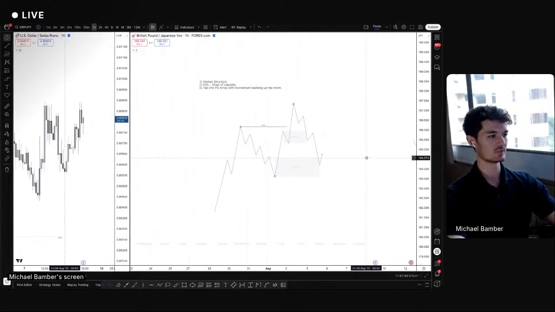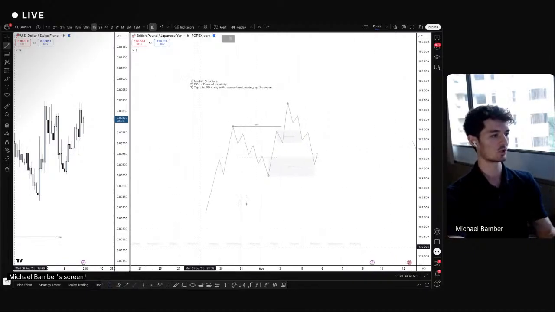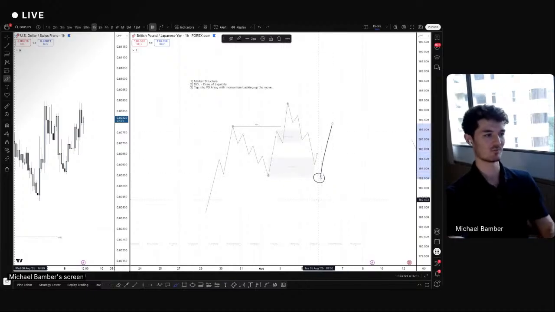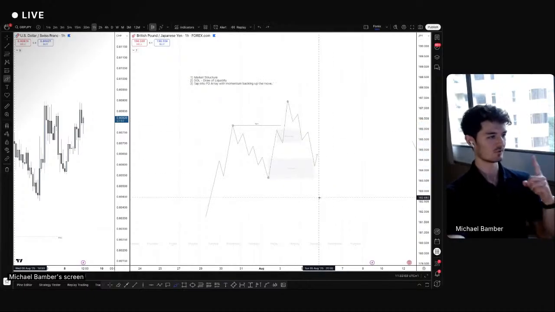The reason for this is, what good is it that I've got a draw on liquidity below if the trend is bullish, right? At times we're obviously going to sweep this, but the narrative remains the same. So the first principle is market structure.